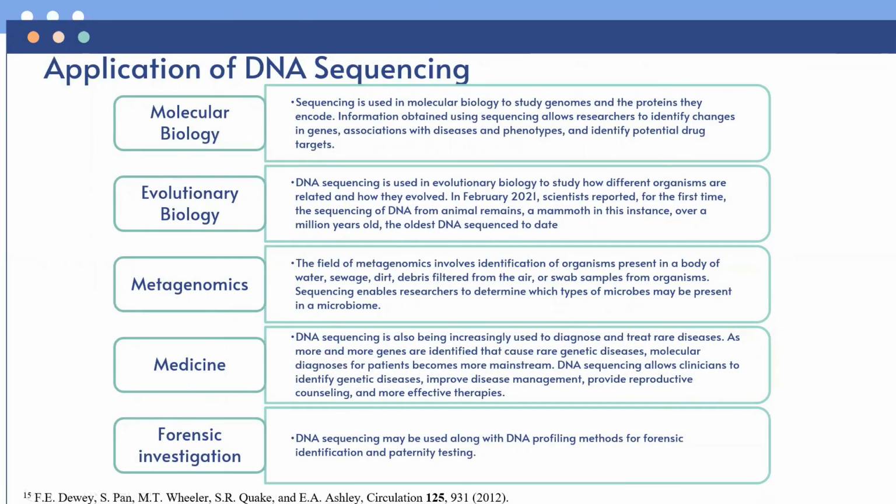This chart shows some applications of DNA sequencing. For example, in molecular biology, DNA sequencing is used to study genomes and the proteins they encode. Information obtained using sequencing allows researchers to identify changes in genes, associations with disease and phenotypes, and identify potential drug targets.